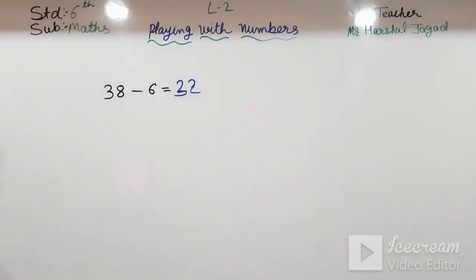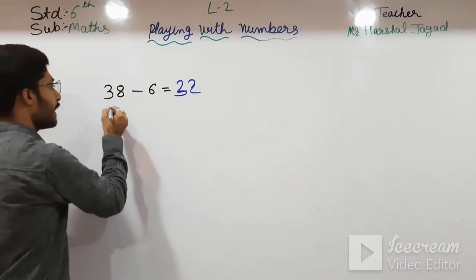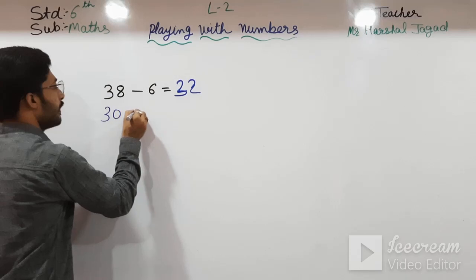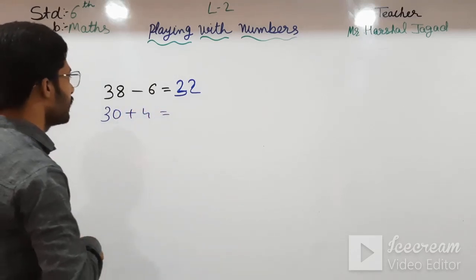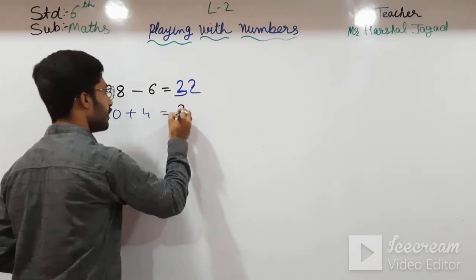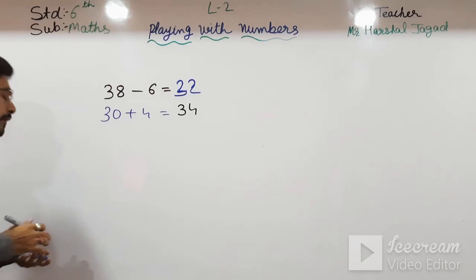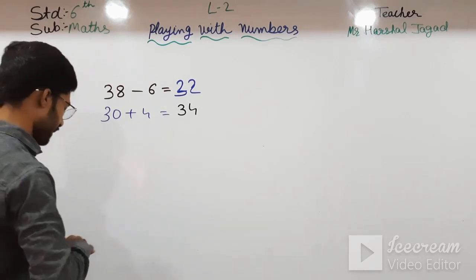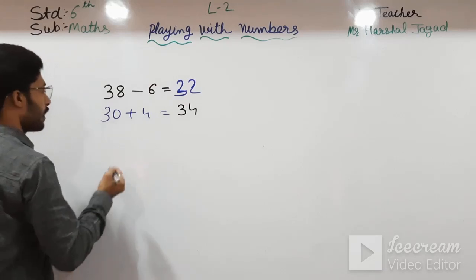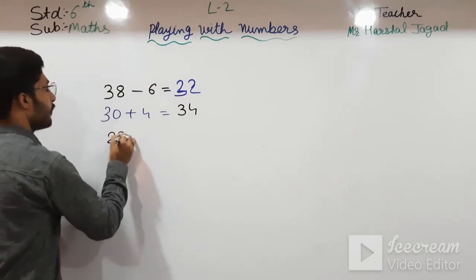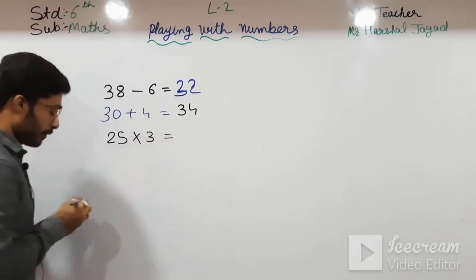Okay students, and if I want to add 30 plus 4, then what will be the answer? That is 34. Next, if I want to multiply 25 into 3, then what will be the answer?